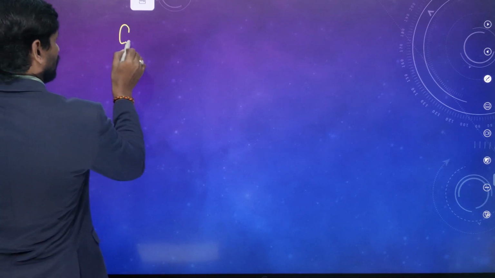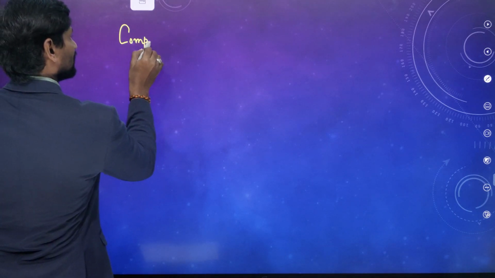Now mainly we need to discuss complementary angles and supplementary angles. Then we need to discuss linear pair, and then the transversal concept. So let us discuss complementary angles. What are complementary angles?